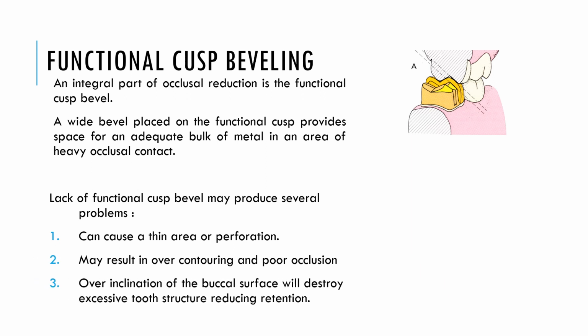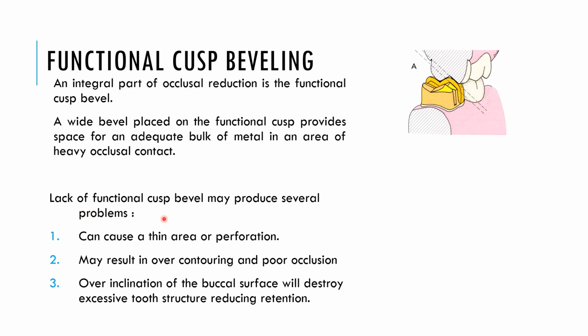Okay, guys. So functional cusp bevel, you can see that beveling done is an integral part of the occlusion reduction, and it is named the functional cusp bevel because we give it on the functional cusp. A wide bevel placed on the functional cusp at a 45-degree angle provides space for an adequate bulk of material in that area to bear the heavy occlusion load.